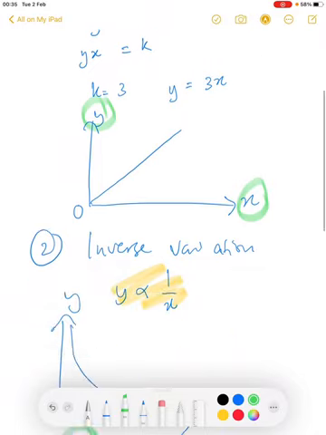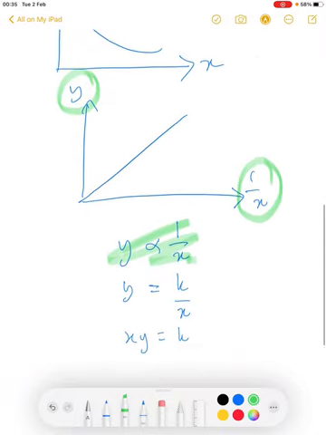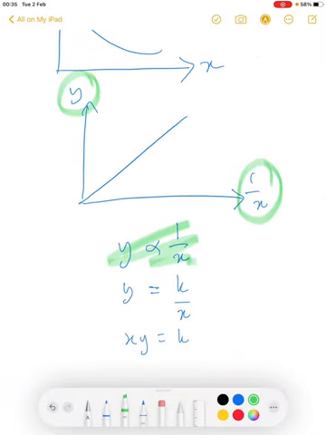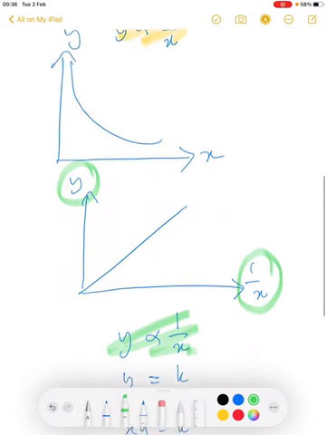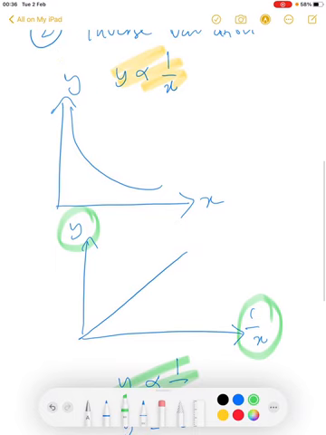When we have y inversely proportional to x, we get a straight line graph passing through the origin by drawing the graph of y against 1 over x. If not, we will get a hyperbola graph if you just draw y against x.